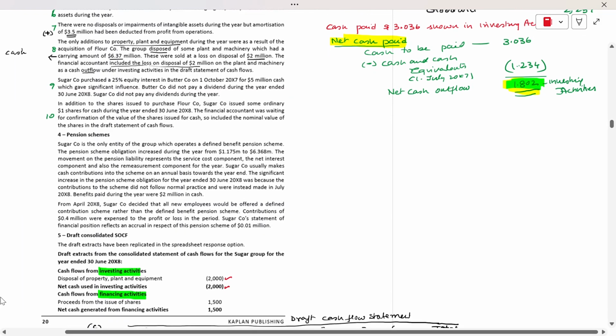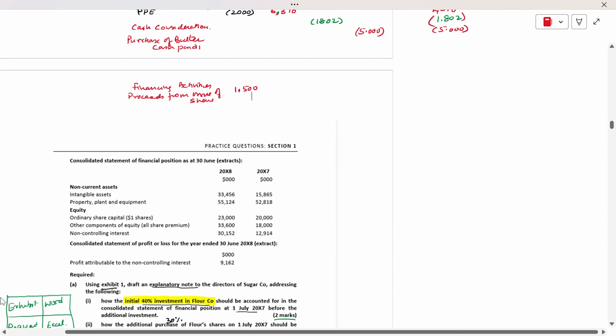Now, how much is there? See the financial statements. Can we get the information with respect to Butter?